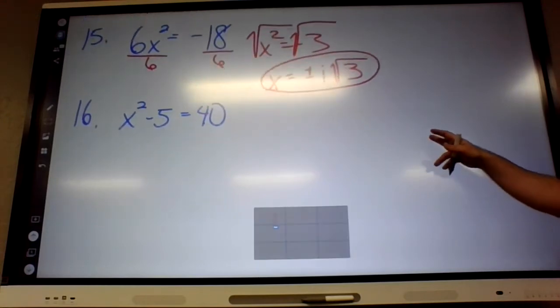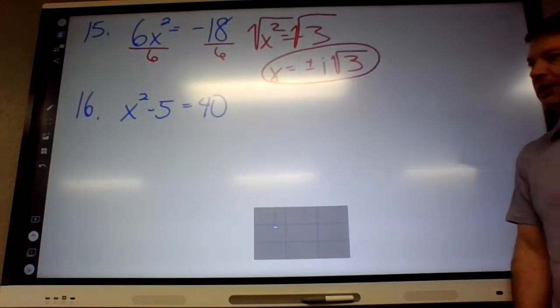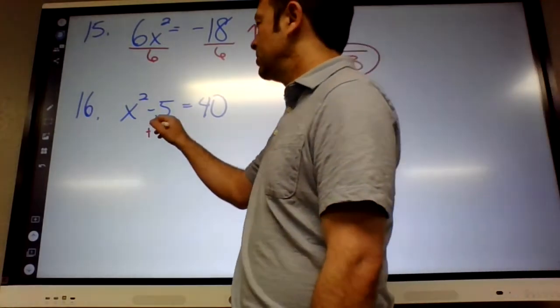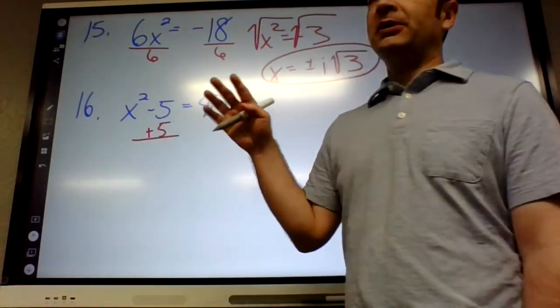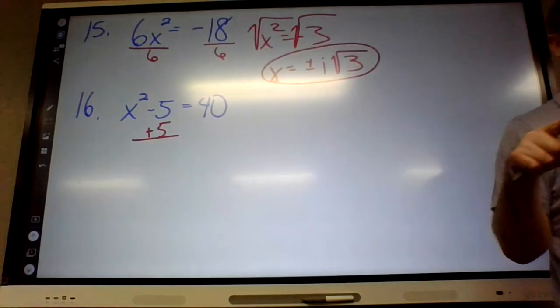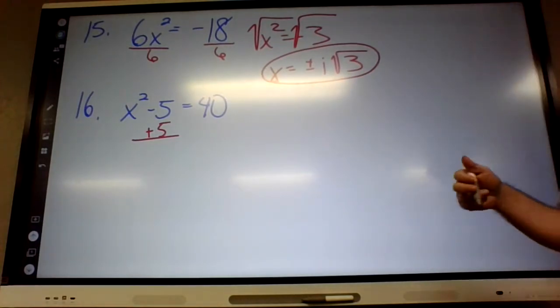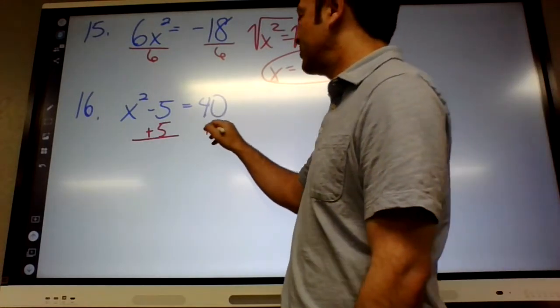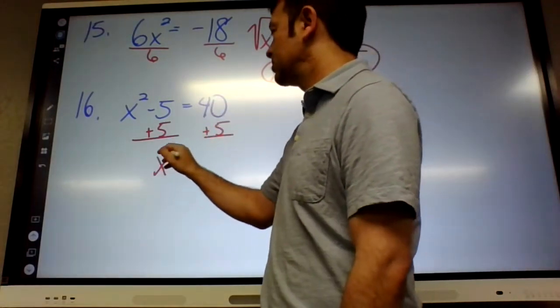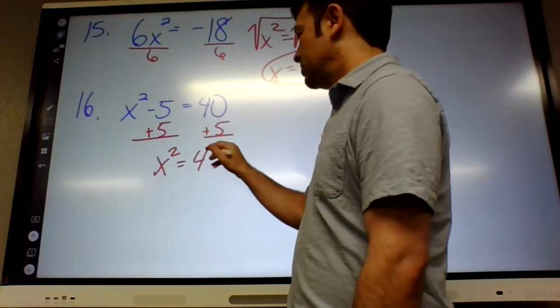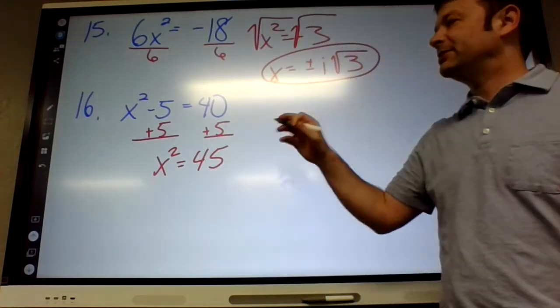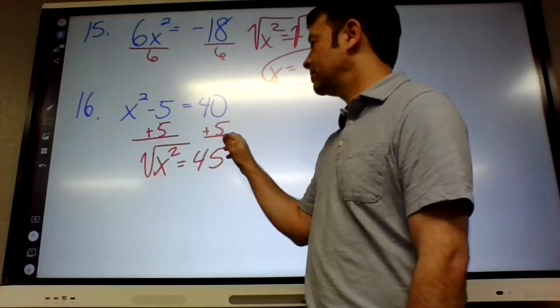What should we do first on 16? Add the 5 over. These aren't like the factoring or quadratic formula problems because there's no x term, there's just an x squared term. So you can just get x squared by itself. And then guess what? Square root.